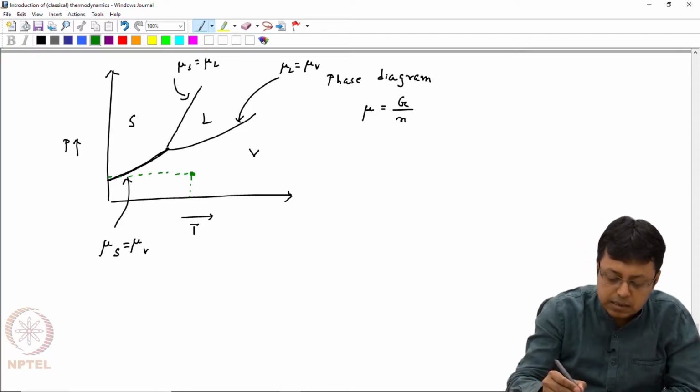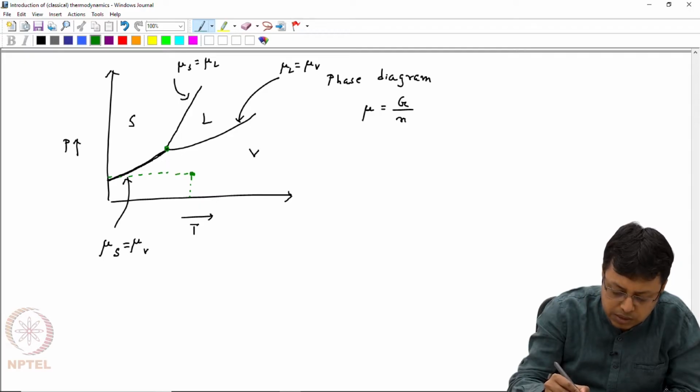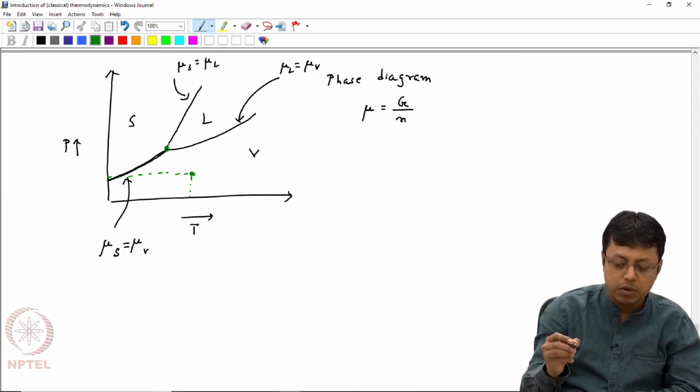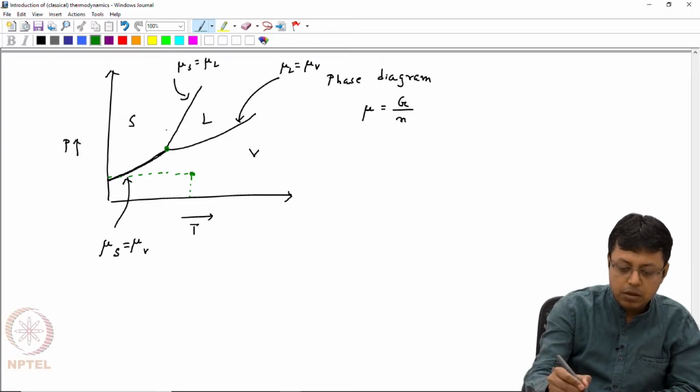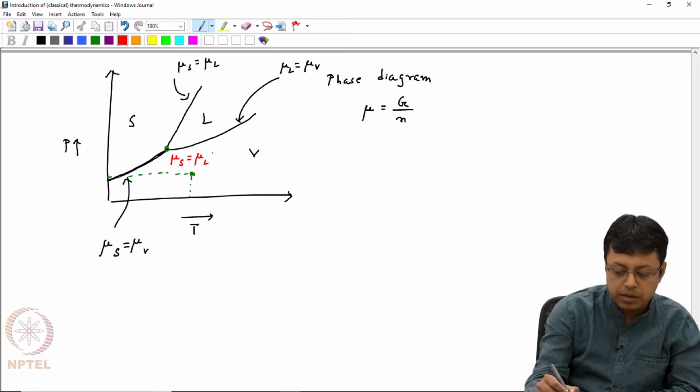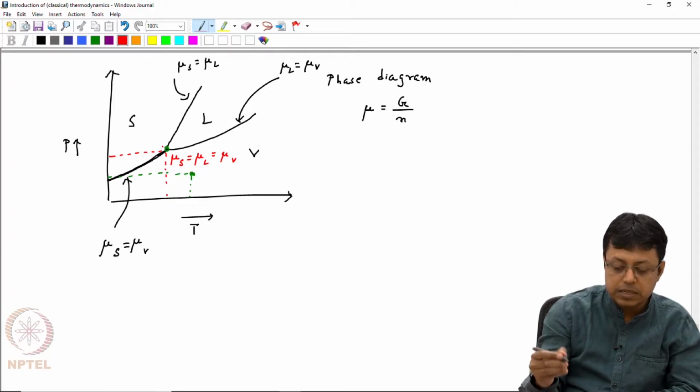Now we see that these three lines meet at a point, which means at this point all three phases are in equilibrium, meaning we have a very interesting condition here: the chemical potential of the solid is identical to the chemical potential of the liquid, which is also identical to the chemical potential of the vapor. This pressure and temperature combination where the three phases coexist, we call the triple point.